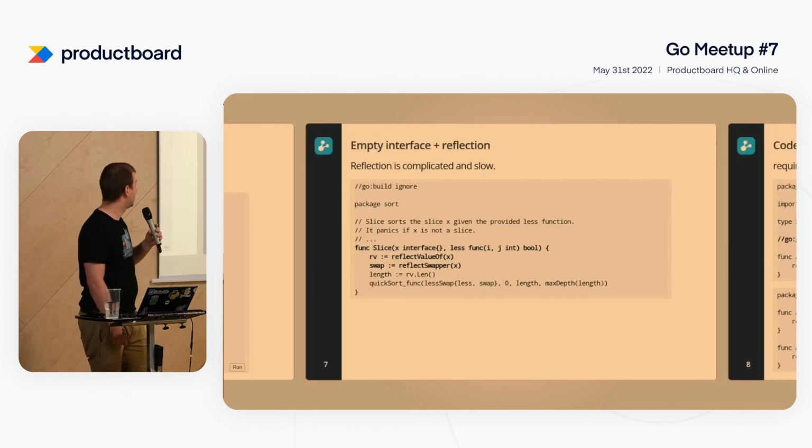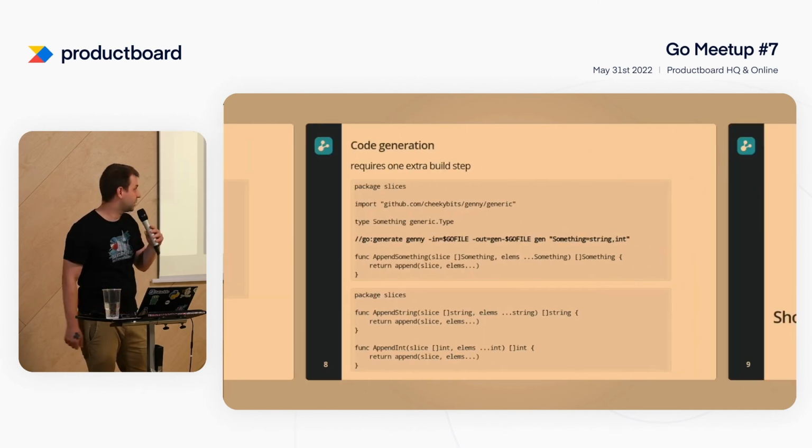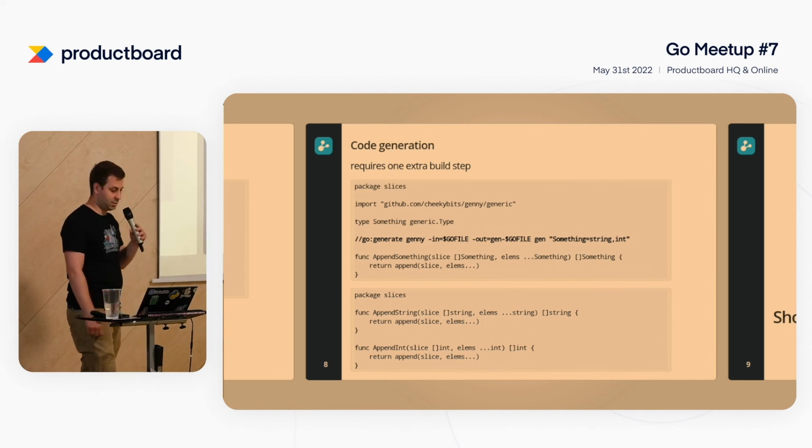And also we have reflection, which is complicated and slow, but it still has its place, like for JSON, because it makes sense. And last but not least, code generation.